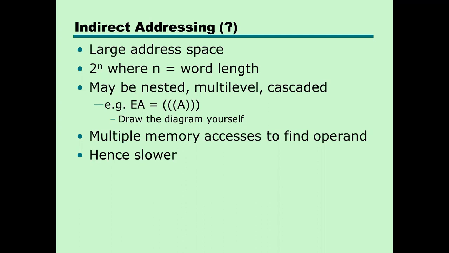Once the address is fetched, the microcontroller requires one more machine cycle for fetching the data. Therefore, indirect addressing mode is a little bit slower compared to other addressing modes. Why is it slower? Because the microcontroller needs more machine cycles for fetching the operand.